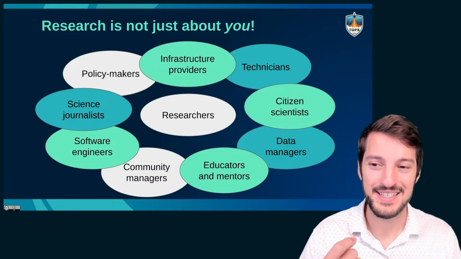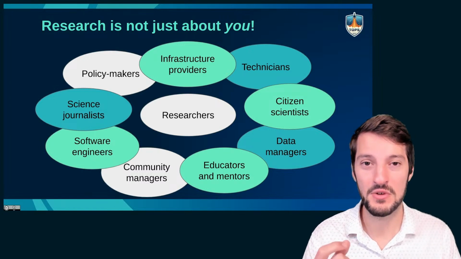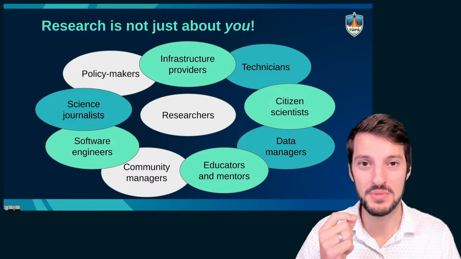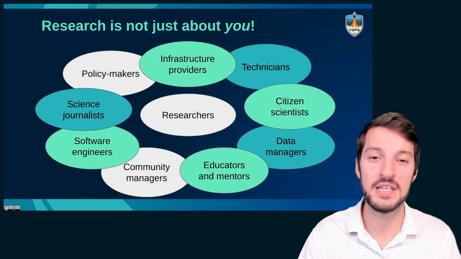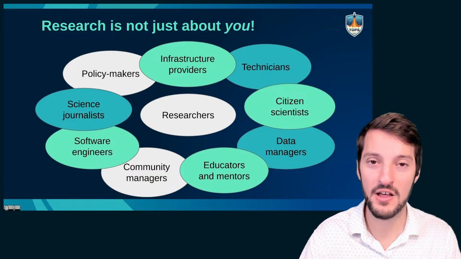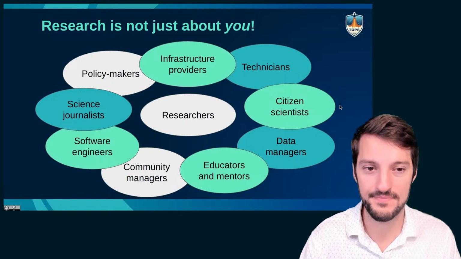So that is why research is not just about you. Everything that you do as a researcher is going to have some broader impact. And you need to be aware of that, and you need to be transparent with how you came to your conclusions so that others can investigate how deeply they're going to trust your work.